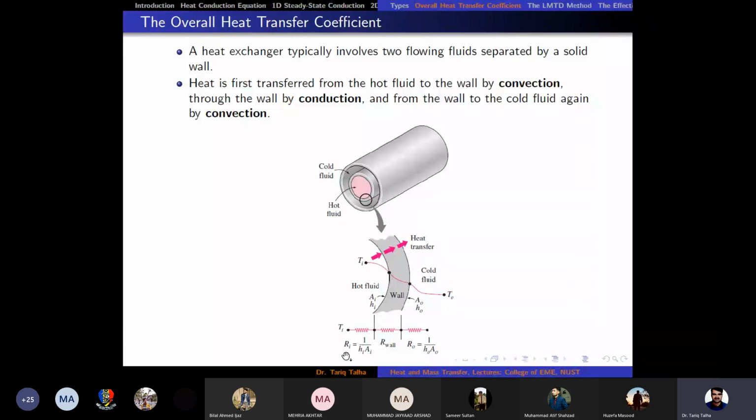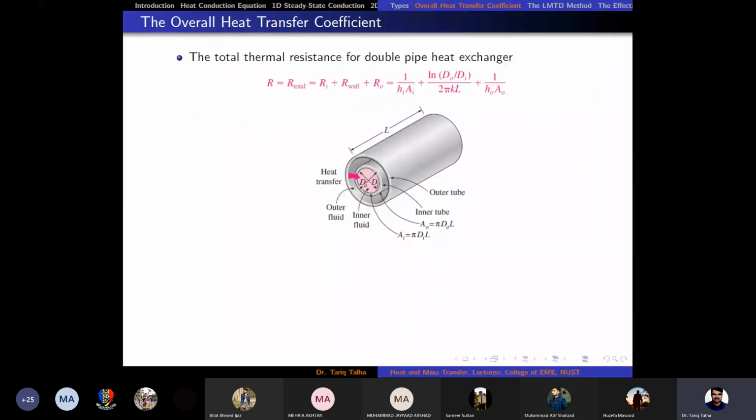So the total resistance would be a circuit in series. It would have one convection resistance for the inner fluid, then conduction resistance for the pipe wall, and then again convection resistance. And we also know that for a series we just need to add them. So we have convection resistance like this.